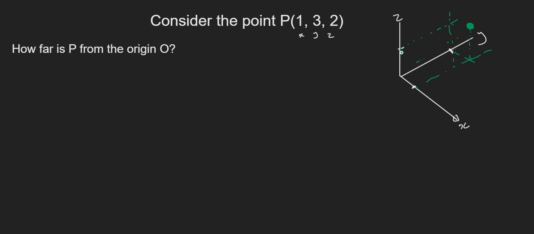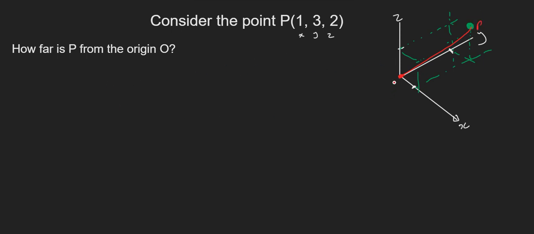The whole idea of the vectors in 3D space is being able to construct, or should I say visualize, where they are. So the problem is how far is it away from the origin. This is the origin to it, so we call that OP.